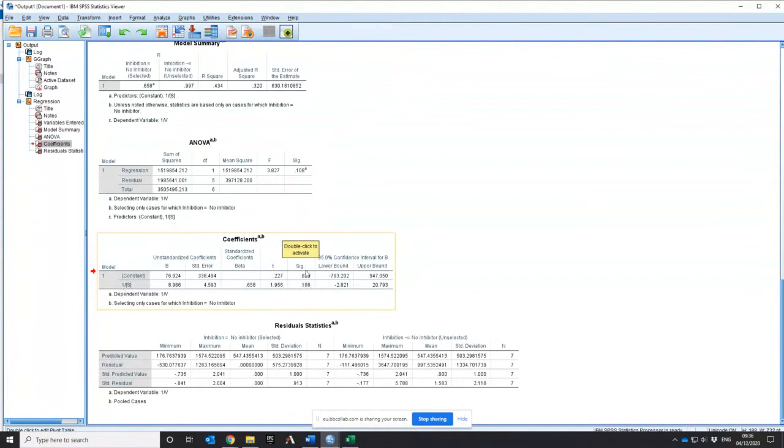The lowest value of the significances in this coefficients table will be the value of the F statistic in the ANOVA table, because it's the same thing. Next, it has what's called the confidence bound for your constant, if you read that row, and for your gradient. So it's saying the constant can be anywhere between minus 793 and 947.